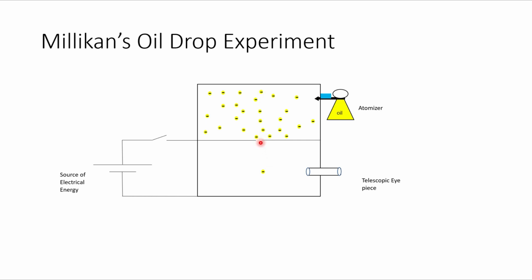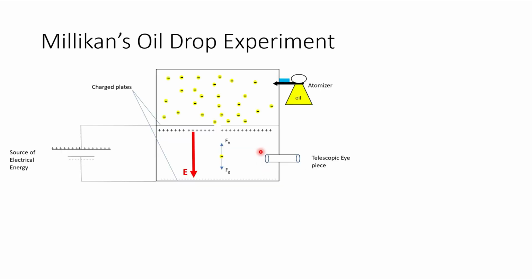It is a very tiny hole and it starts going down. When we observe this, we have to turn on the source of electric energy, so we close the switch. The current will start flowing. This results in charging the upper plate positively, and the lower one is negatively charged.